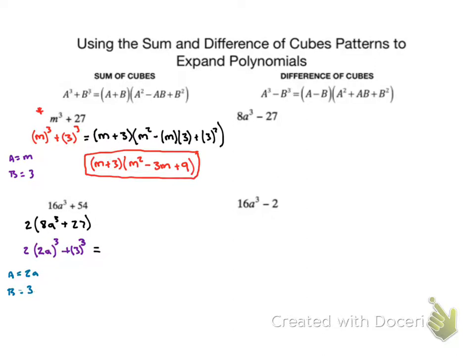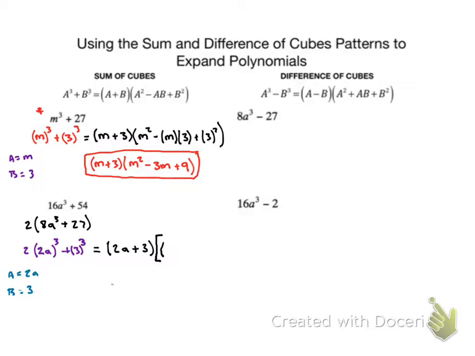So now let's write the equivalent factored form. The first one we have is A plus B. This one's pretty easy. My A is 2a, plus B is equal to 3, times, and for this one it's up to you if you're more familiar with using brackets, so that when you plug in, you don't get too confused.